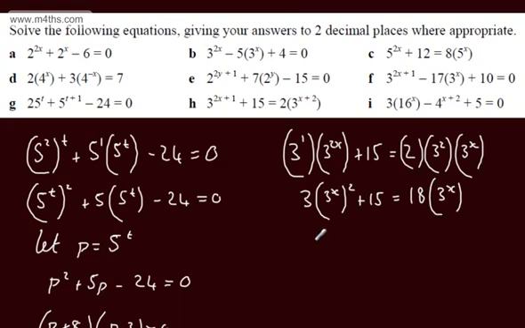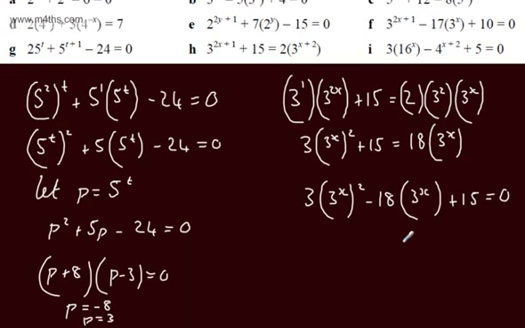So if we just rearrange this, we've got 3 lots of 3 to the power of x squared minus 18 lots of 3 to the x, and then plus 15. At this stage, I can divide the equation by 3. So what we've got then is 3 to the x squared minus 6 lots of 3 to the x plus 5 is equal to 0.